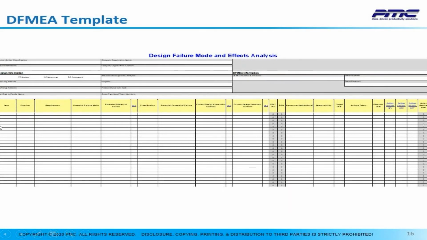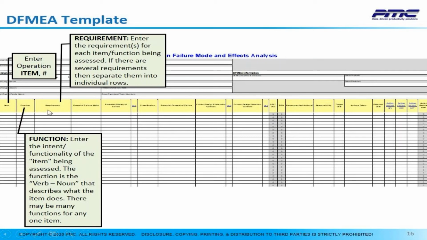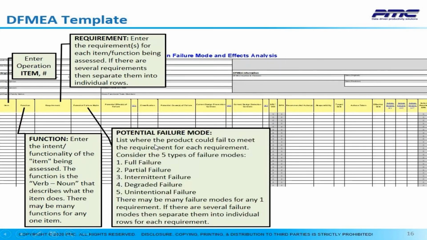And then the bottom section is the requirements that we must have. So it starts with, we're going to have to track it with an item number. Then there will be a function. This is where we enter the intent functionality of the item being assessed. Then the requirement of that function. The next one is that we look at the potential failure modes of not meeting that requirement.